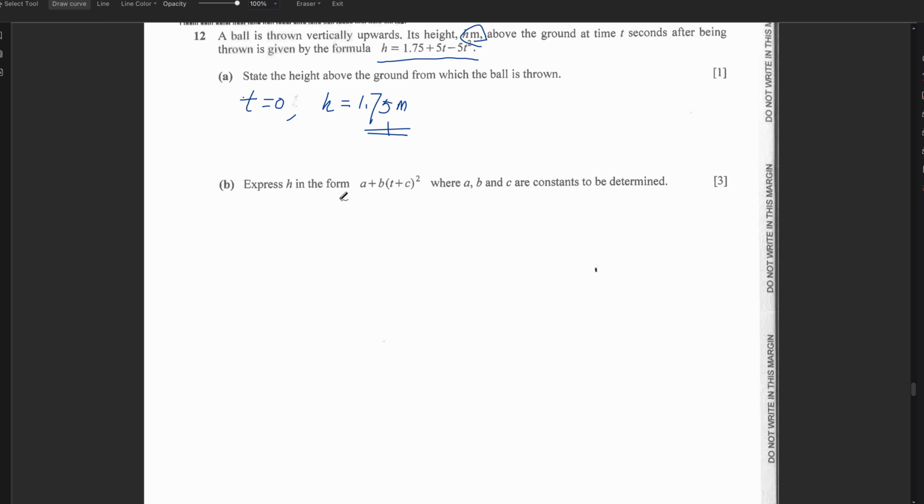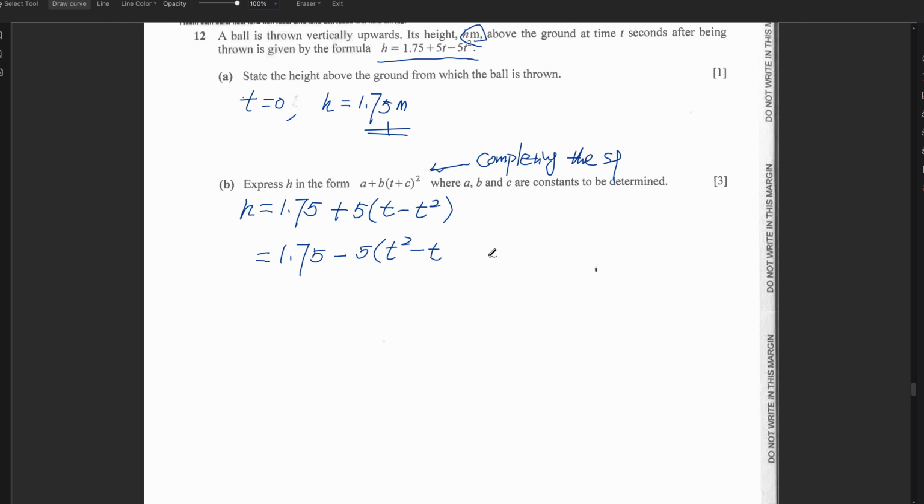Express h in the form a plus b times (t plus c) squared. So this is just completing the square. We can just write it as h equals 1.75 plus 5t minus t squared, which can also be written as 1.75 minus 5(t squared minus t).